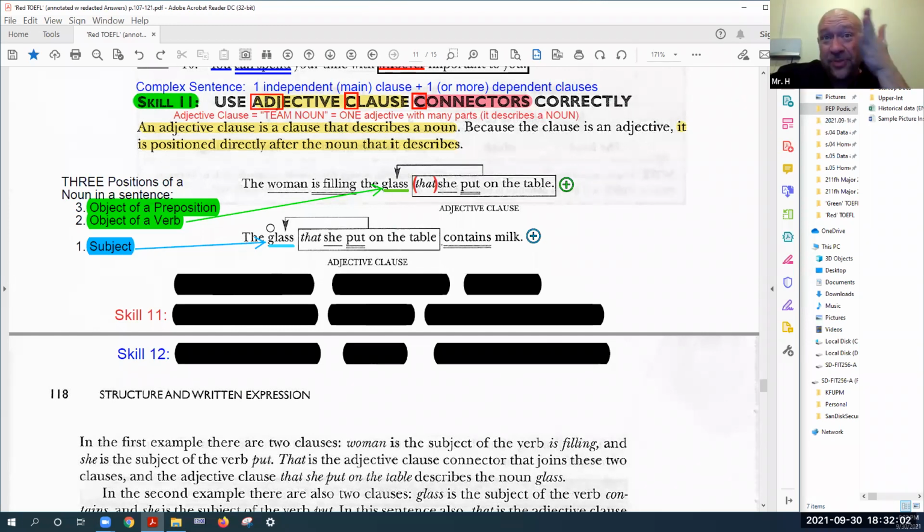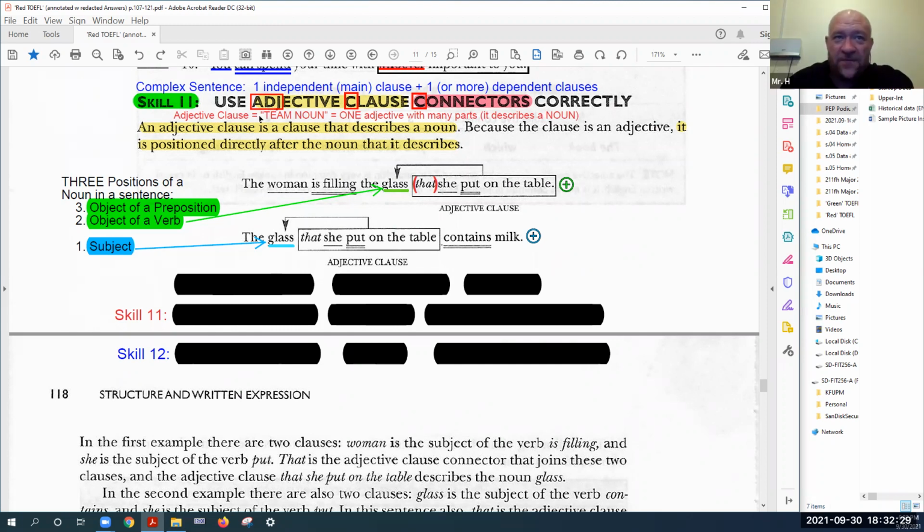Does it describe the milk? No, it doesn't describe the milk. You see, it describes the glass. The adjective clause, listen, must directly follow the noun.